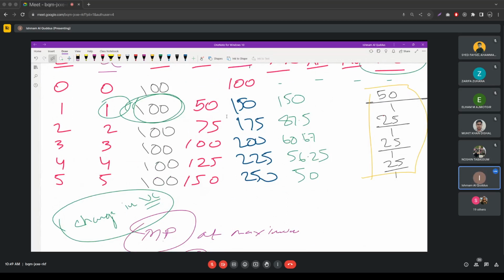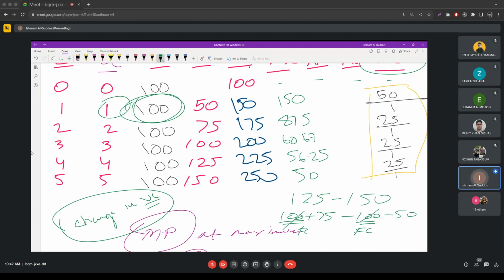Did you understand this? Because 175 minus 150, so 100 plus 75 minus 100 plus 50, this 100 is nothing but the fixed expense.